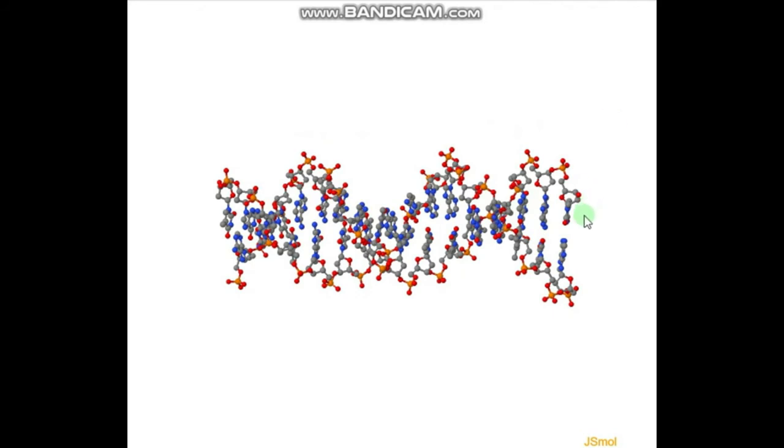The size of the human genome is about 3.1 times 10 to the 9 base pairs, so 3.1 billion base pairs. And remember that in a cell you have 2 copies of each chromosome, so you can double that number to 6.2 billion base pairs.